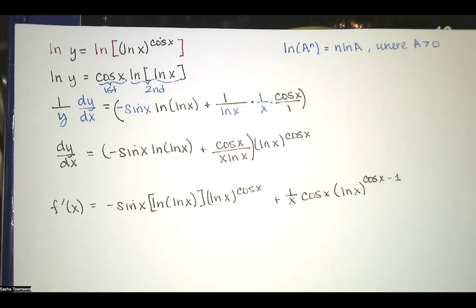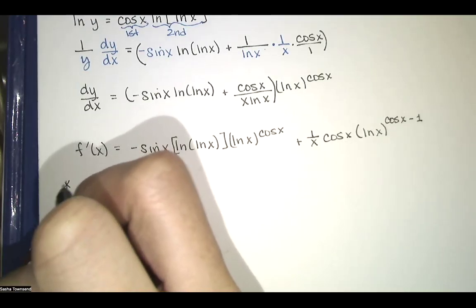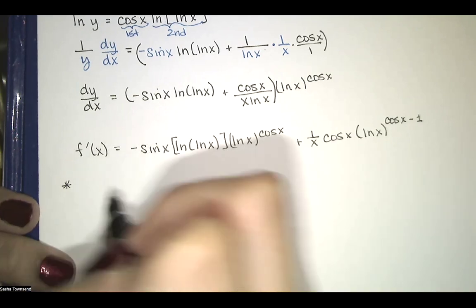Now, to me, it's not at all obvious when this function is 0. But in order to find the critical points of the function, we would set this function equal to 0 and then solve for x. We're just going to do that graphically on Desmos.